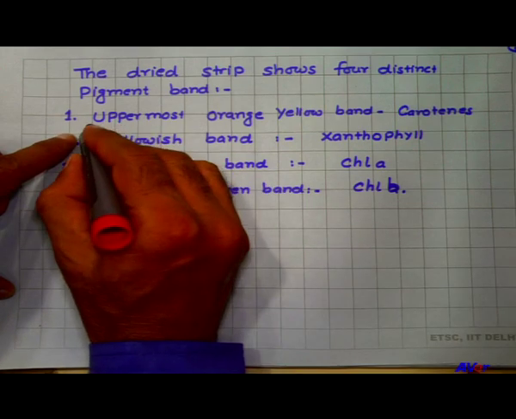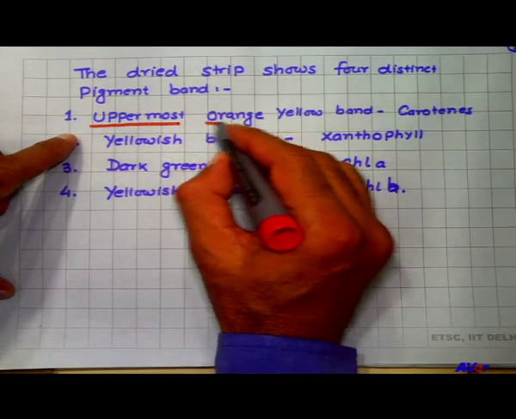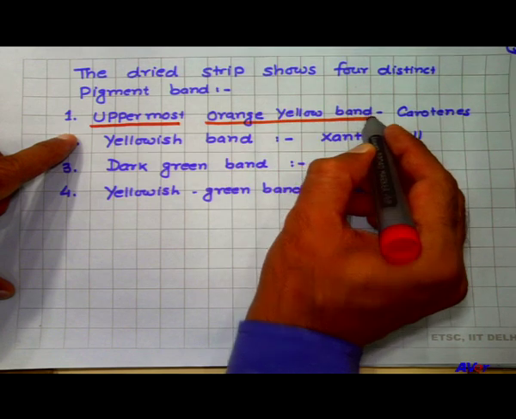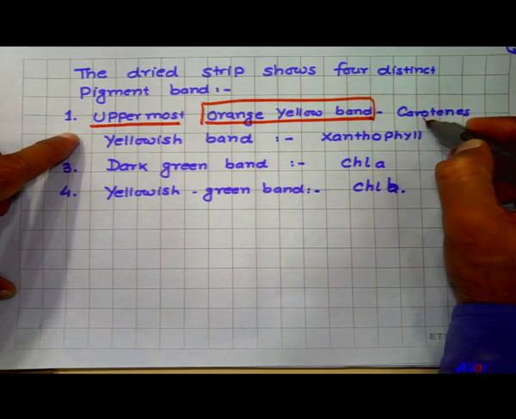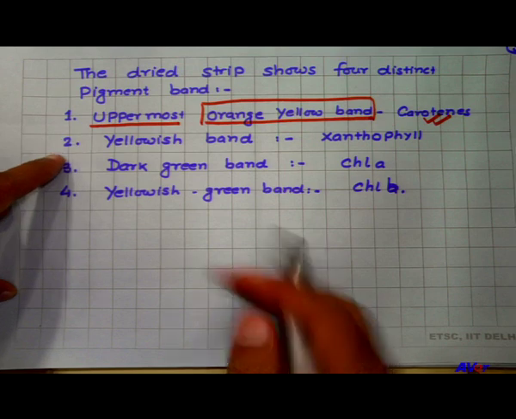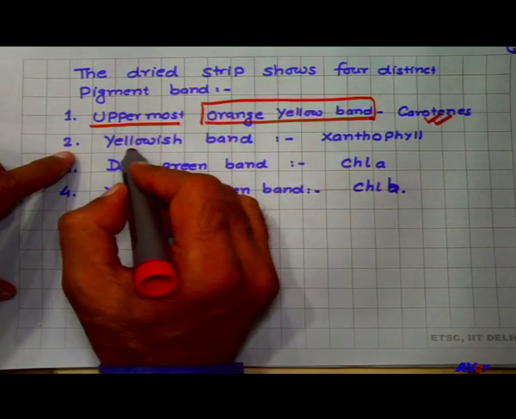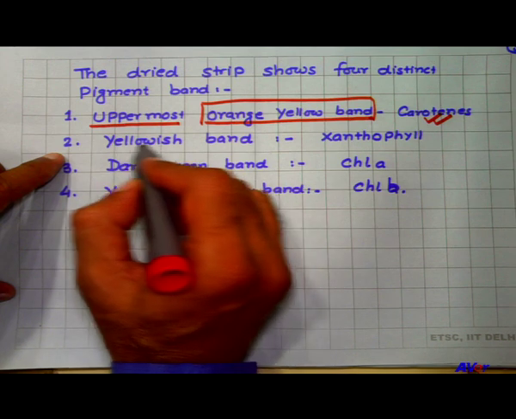The uppermost orange yellow band is carotene.